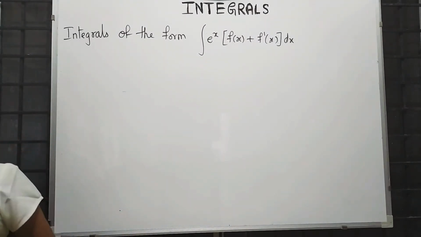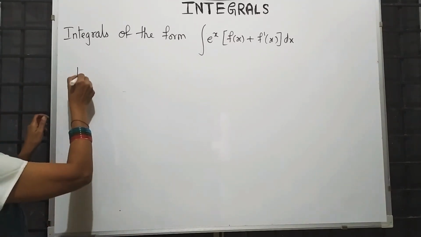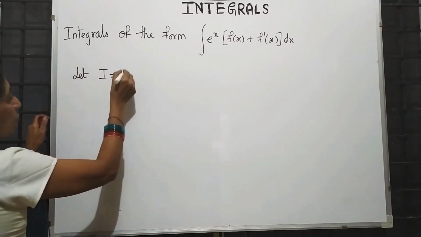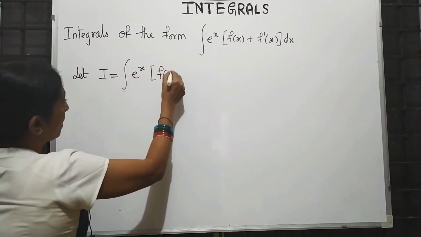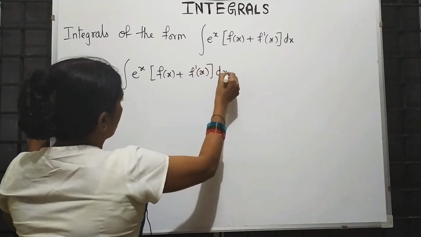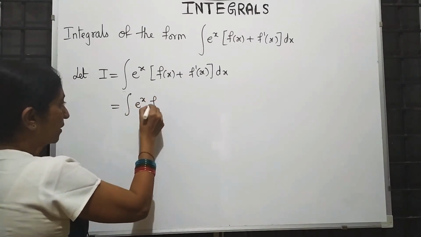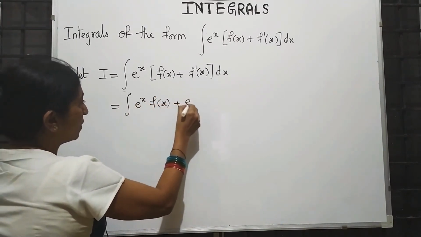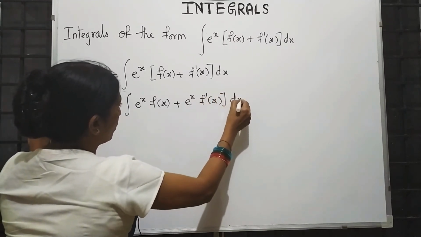Here first write down the given whole term as I. Let I is equal to e raised to x in the bracket f of x plus f dash of x. Remove the bracket, take e raised to x inside. e raised to x into f of x plus e raised to x into f dash of x into dx.